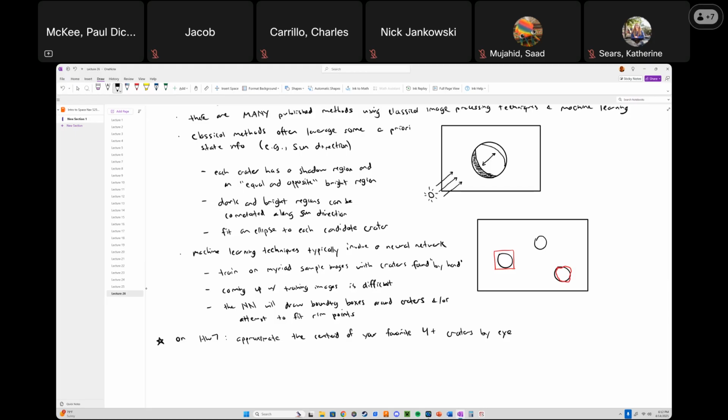In much the same way that on homework 6, you can just click your favorite horizon points of Pluto to solve OpNav, you can just pick the centers of craters. Not going to make you code up your own crater detection algorithm. That would be way outside of scope for this class. So that's enough for homework 7.